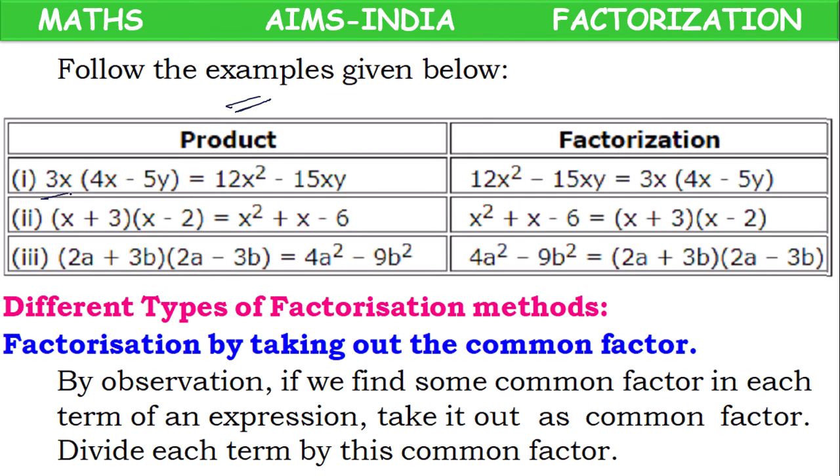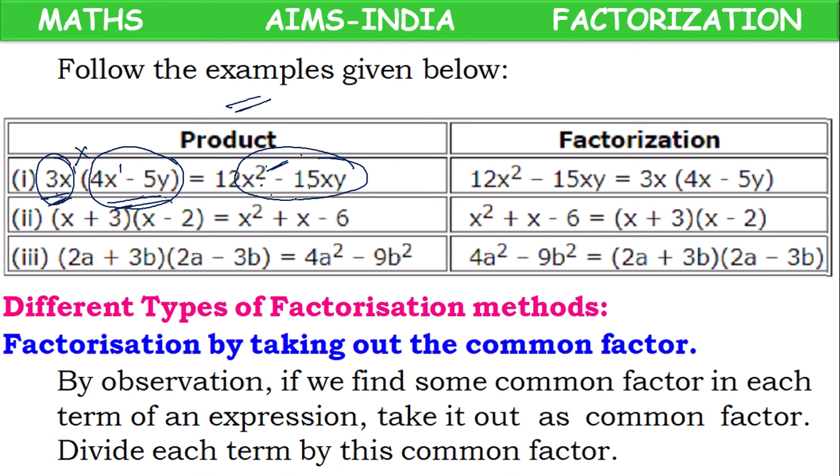So here 3x into (4x minus 5y). Here we have an expression 3x and another expression in bracket, 4x minus 5y. We are doing the product of these two. So we are getting a bigger expression with higher degree. Here the degree of x is 1, here it is 1, but here it is 2.